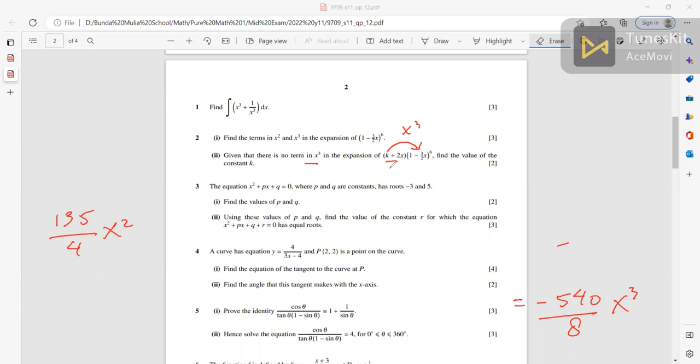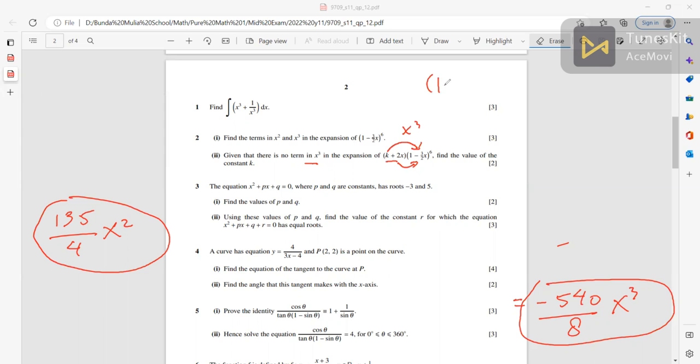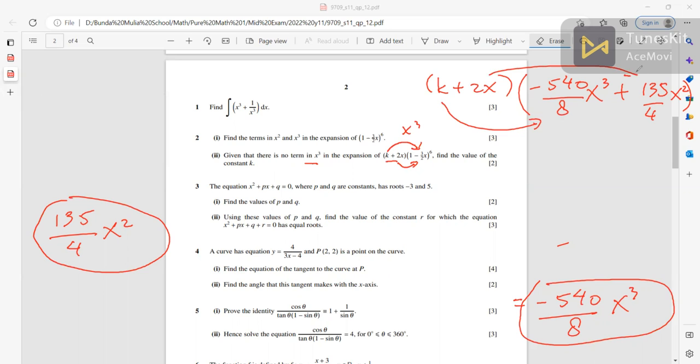So this k will multiply with this one, and this 2x, to become x cubed, has to multiply with this one, 135 over 4x squared. If I arrange it, it will become k plus 2x times minus 540 over 8x cubed plus 135 over 4x squared. So k times this one and then 2x times this one.